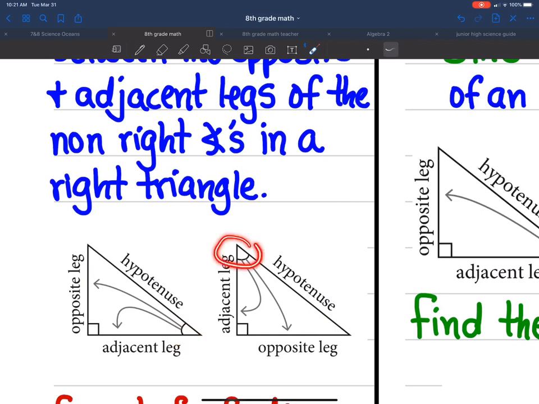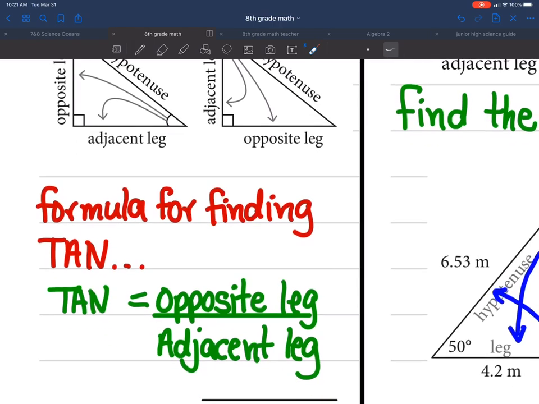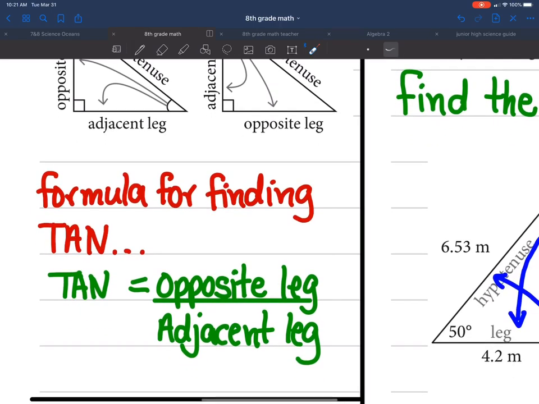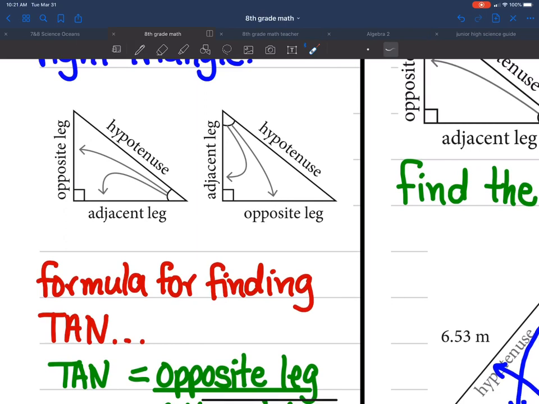And for this angle here, again, it is the same: the opposite leg divided by the adjacent leg. And so the formula for tan, which is short for tangent, is the opposite leg divided by the adjacent leg. And we did some of those last week.